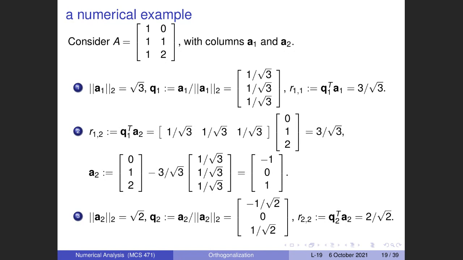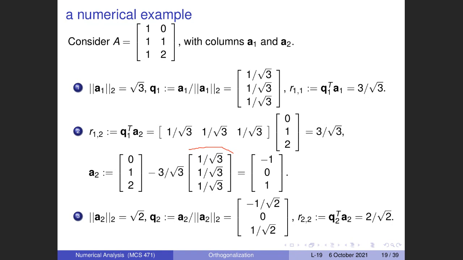The square roots come in via the normalization, and we compute the coefficients via the inner products of the Q's with the A's. We have a new vector coming in, we compute the R12, the projection, the magnitude of the projection, and we subtract that. Here you can see we are using the normalized vector. So this is the modified Gram-Schmidt. This is not A1, but it is Q1 already.